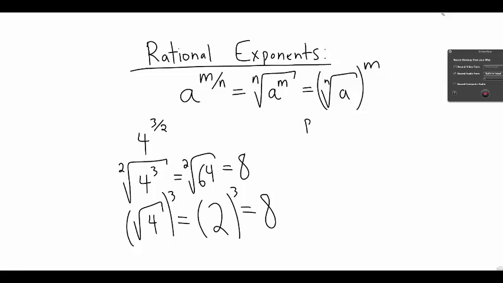Let's make this note: we need the nth root of a to be defined as a real number. And we also always start with a rational number in lowest terms.